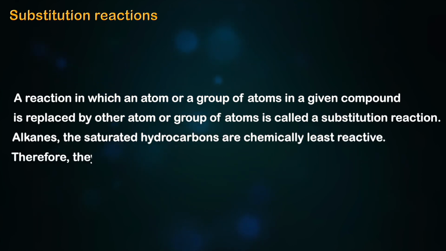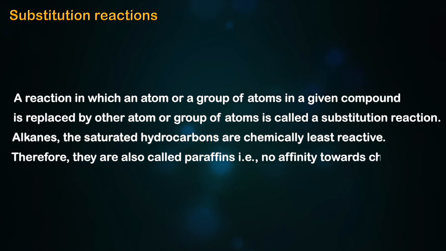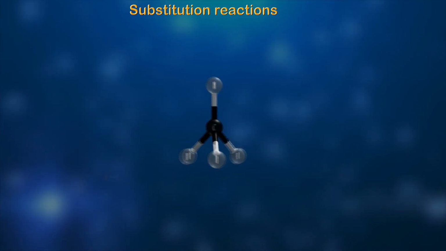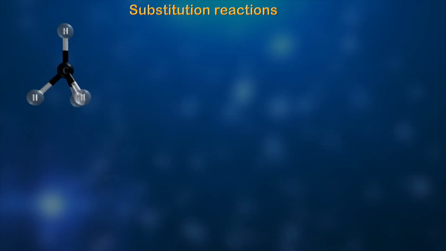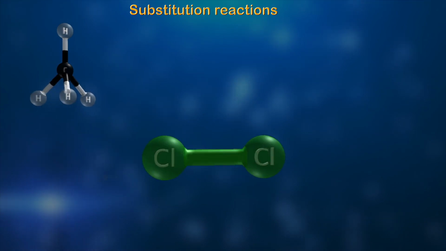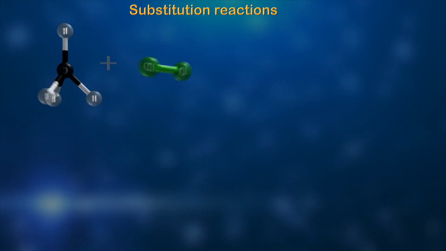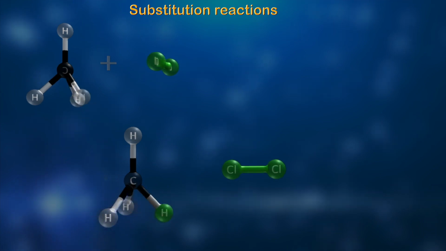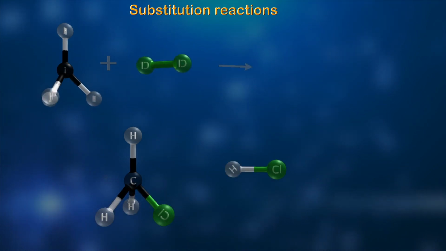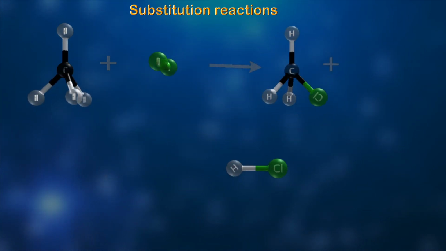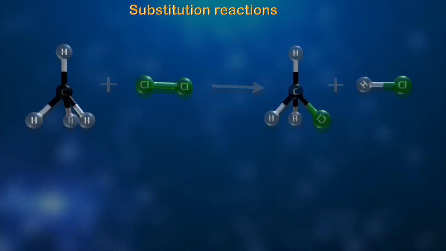Therefore, they are also called paraffins, that is, no affinity towards chemical changes. For example, methane CH4 reacts with chlorine molecule in the presence of sunlight to form methyl chloride and hydrogen chloride. Here, hydrogen atoms of methane are replaced by chlorine atoms.